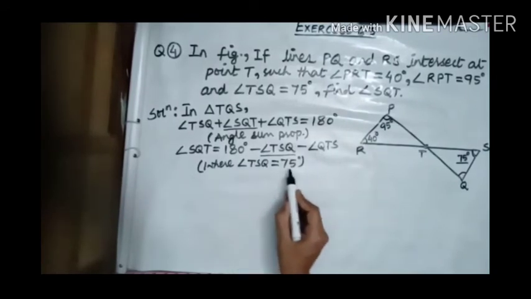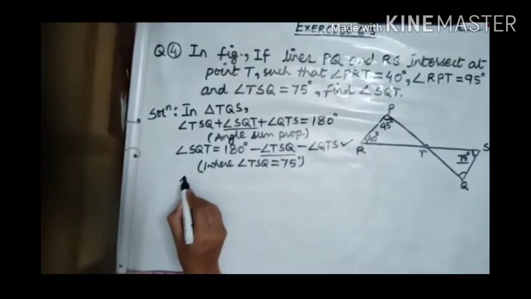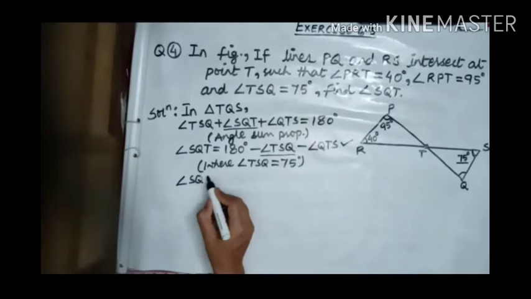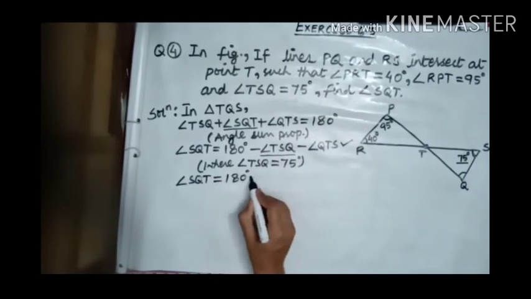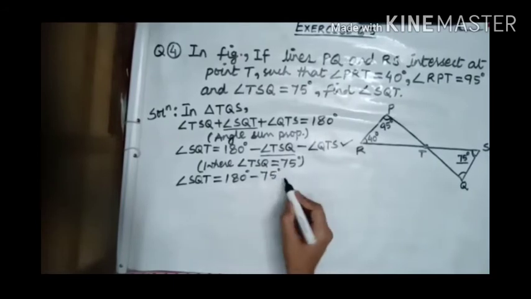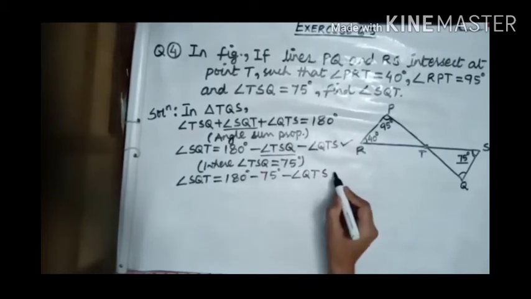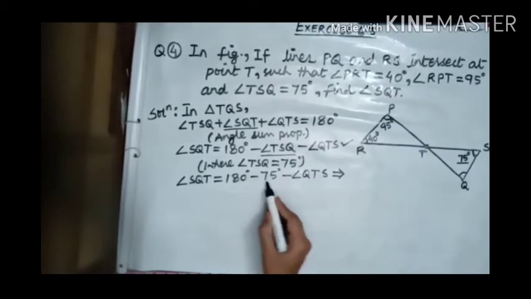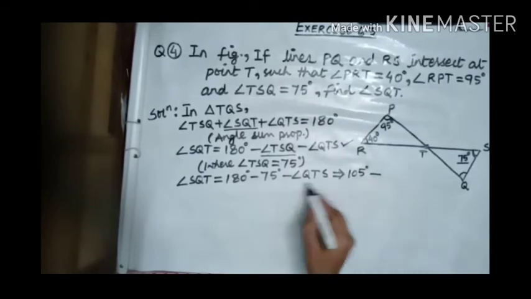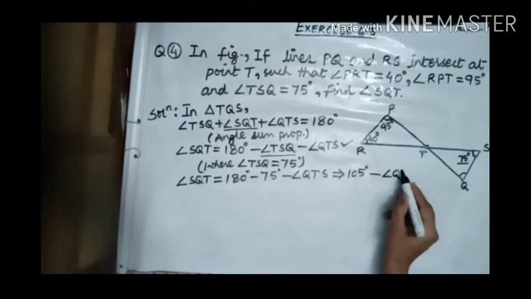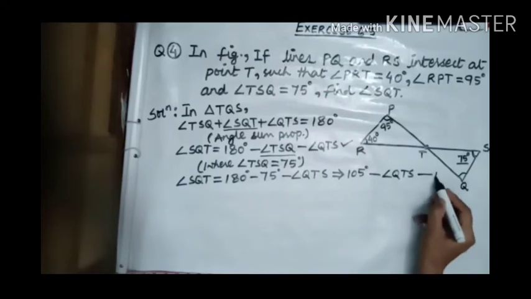Therefore, on using TSQ equals 75 degrees, this relation becomes angle SQT equals 180 degrees minus 75 degrees minus angle QTS. 180 minus 75 is 105 minus angle QTS. Let this be equation first.